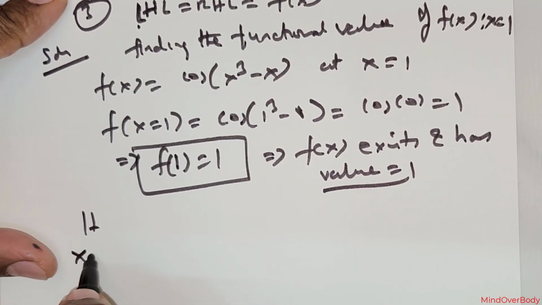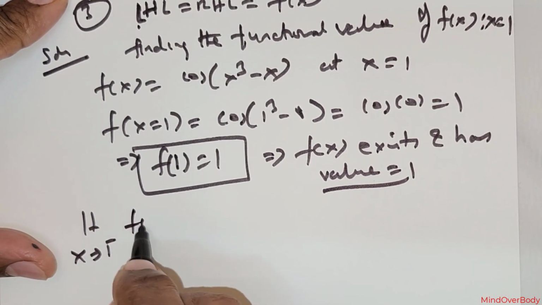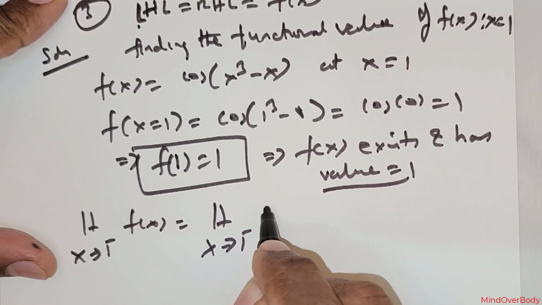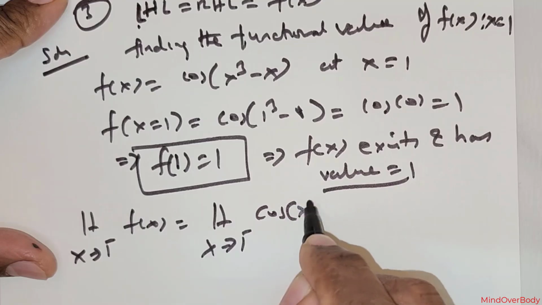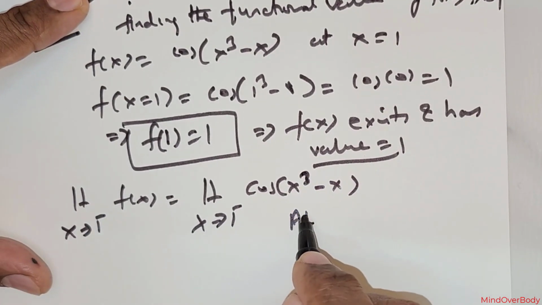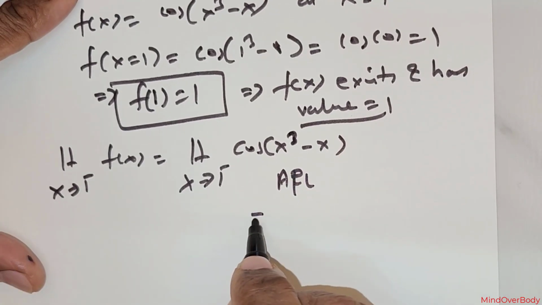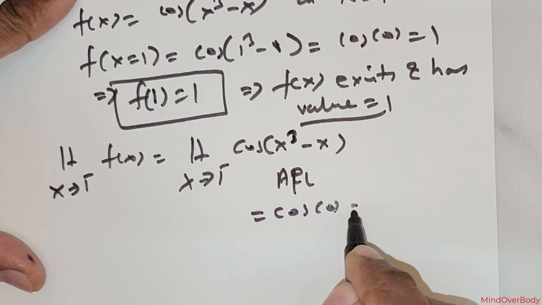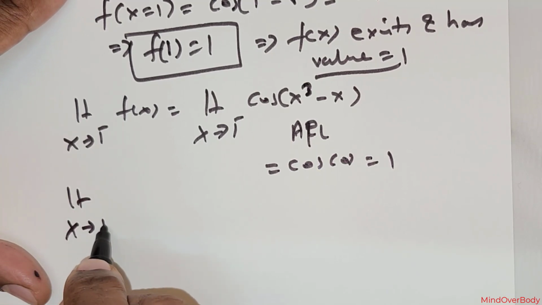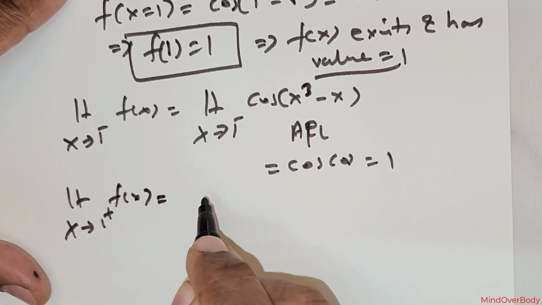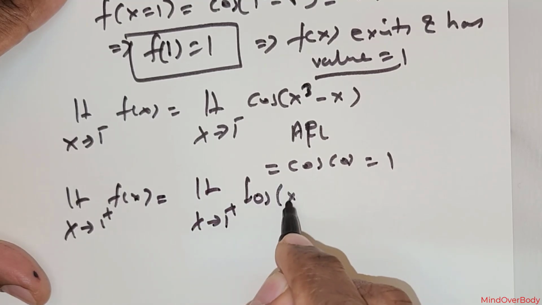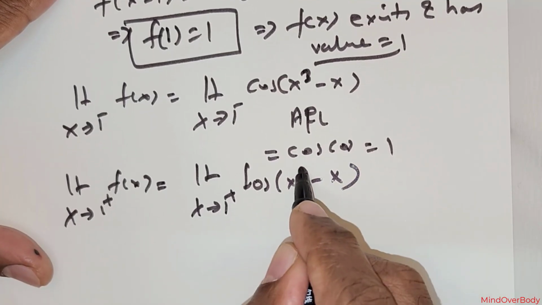Now let me check the limit as x tends to 1 from the negative side of f(x), which is nothing but the limit as x tends to 1⁻ of cos(x³ − x). Now applying the limits, we get cos(0) = 1. And the next stage, the limit as x tends to 1⁺ of f(x) is equal to the limit as x tends to 1⁺ of cos(x³ − x).